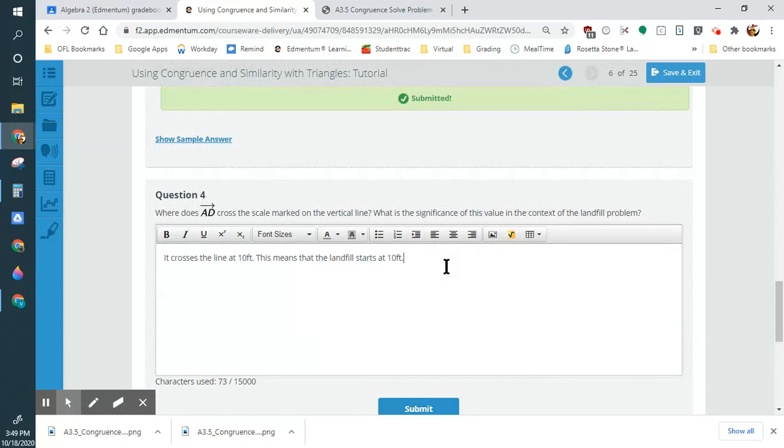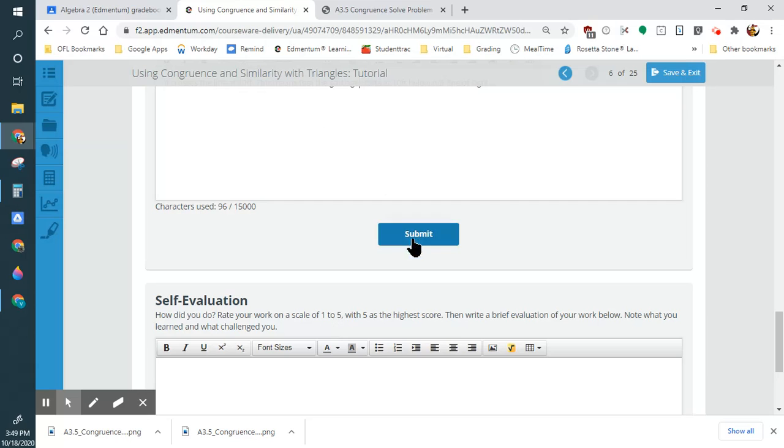Oh, and it saved it. Okay, 10 feet below our line of sight. I said landfill, but I meant to say the garbage. Garbage. You guys can always go back in case you don't know.